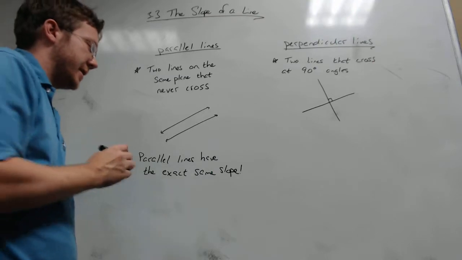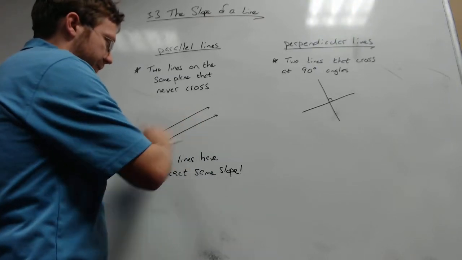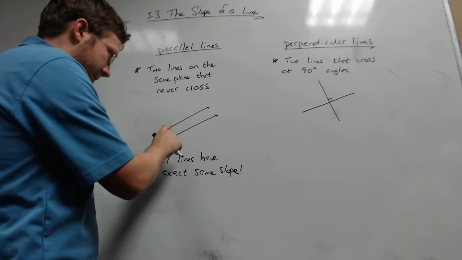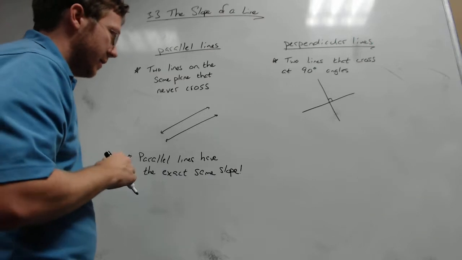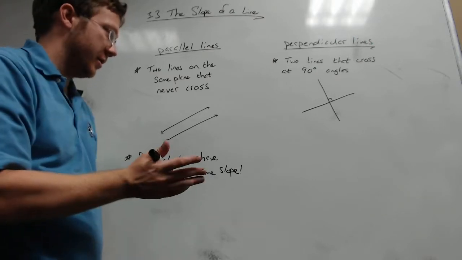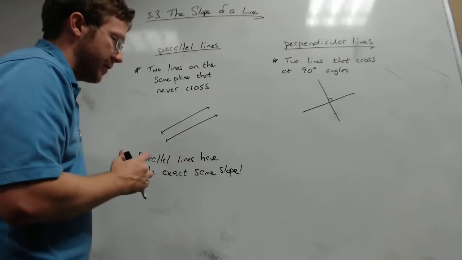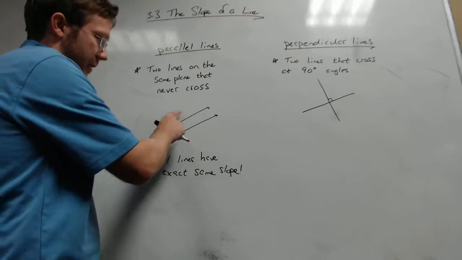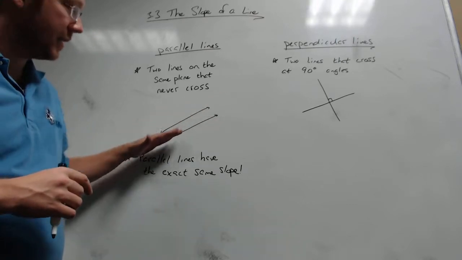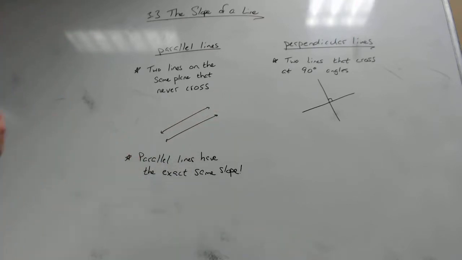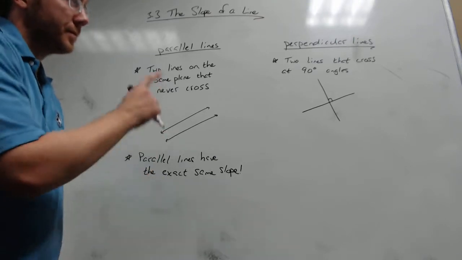That should make sense: if this line is going up 3 and over 2, this line better be going up 3 and over 2, rising and running at the same rate, so they don't hit each other. If they were going at different rises and different runs, then they would eventually cross. If this one was going up more than this one was, eventually they would run into each other, but they're going in the same direction. So think of rise and run as our directions. They have the same slope.